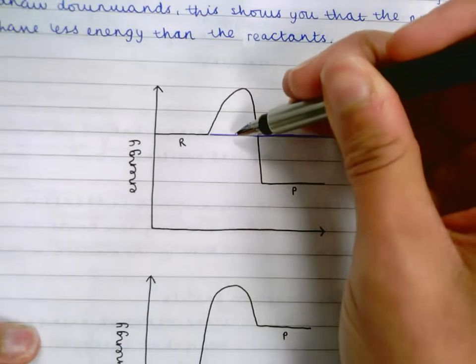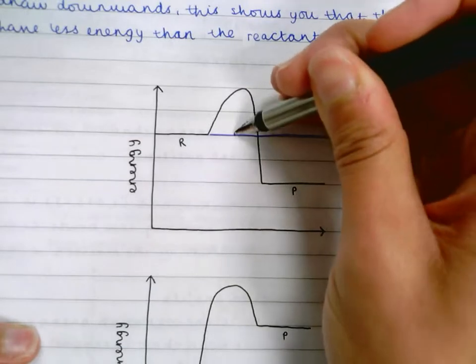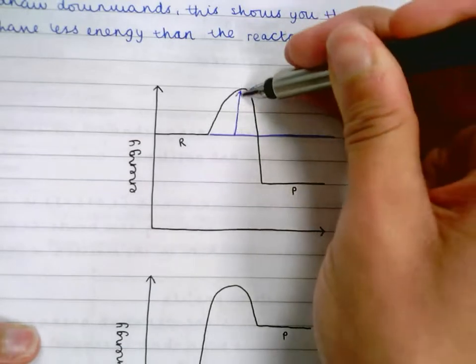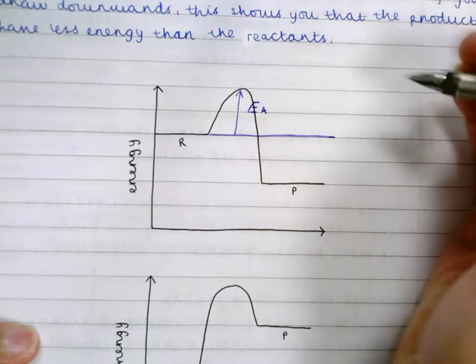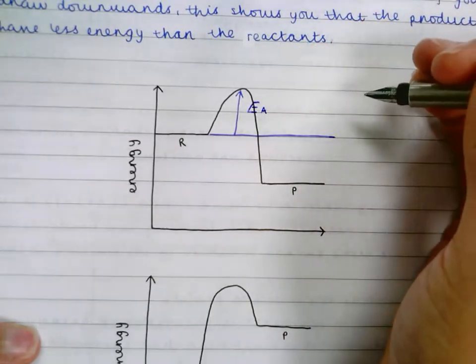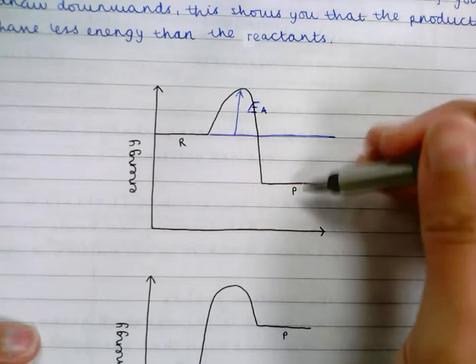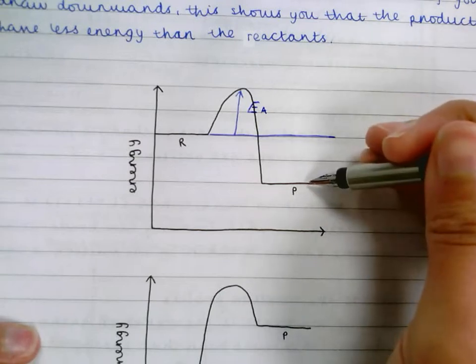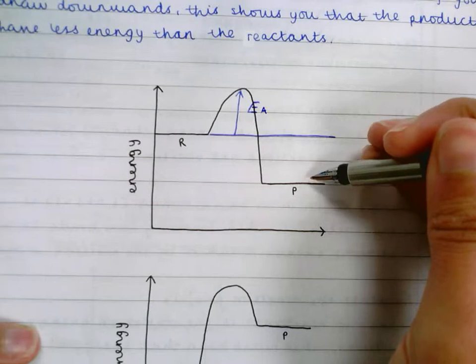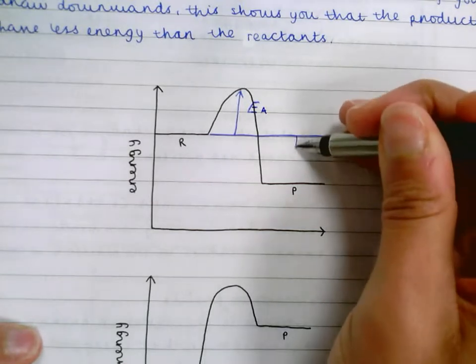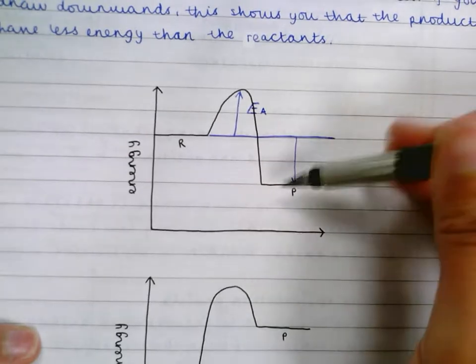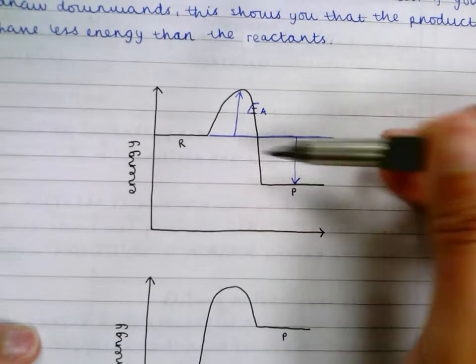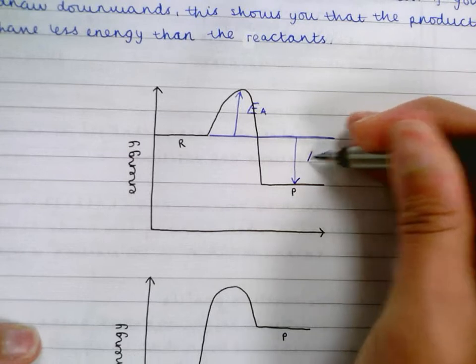Upwards from the line to the highest point is the activation energy. From the horizontal line to the products is the energy change. Now, if you draw downwards, this shows that the products have less energy than the reactants.